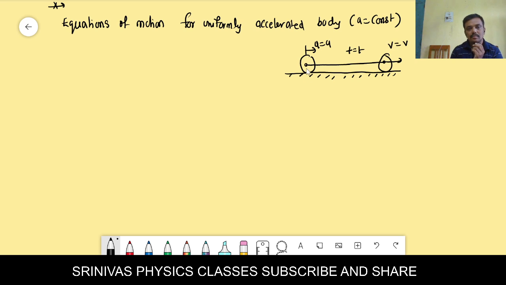In this t time, it takes some displacement that we take as s. And for example, it is moving with some acceleration a. When velocity changes, we say that it has some acceleration. There are three equations which relate the final velocity, initial velocity, time or displacement, and acceleration.